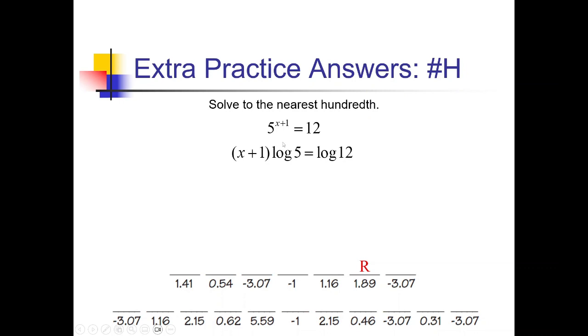Now, I could distribute this log of 5 here, but what I'm going to do instead is just divide both sides by log of 5. That gets the x plus 1 out of the parentheses right away. So we have log 12 over log 5. And then I'll just subtract 1 from both sides. I'm doing all this on my calculator anyway, so it doesn't really bother me to do it this way.